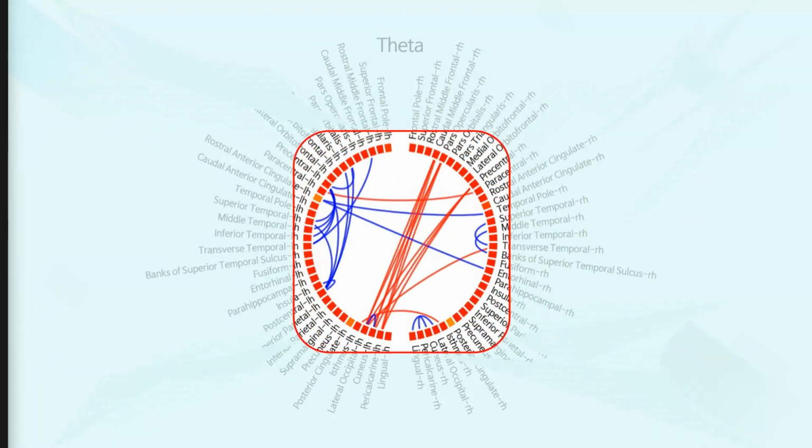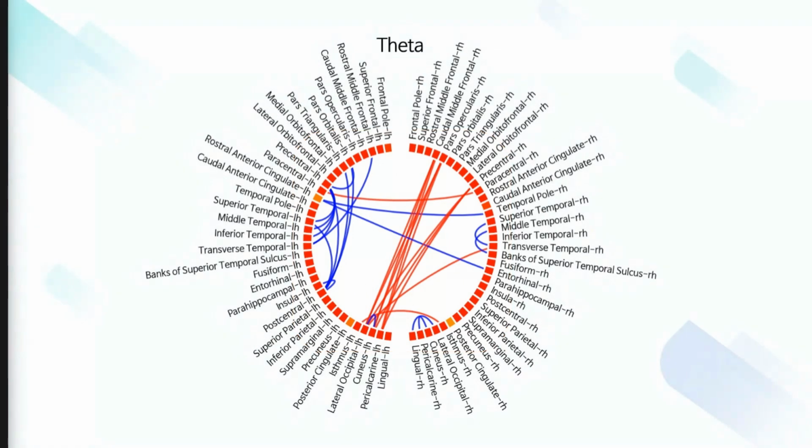And then the meat and potatoes here is this connectivity diagram in the middle, where red areas are hyperconnected, meaning that there's a statistically larger than average amount of connectivity between those regions, and blue is hypoconnected. So there's statistically less connectivity between those regions than a normal database would show. Or if we're not using a database, just below some threshold that we set. And that's how you get this diagram here.